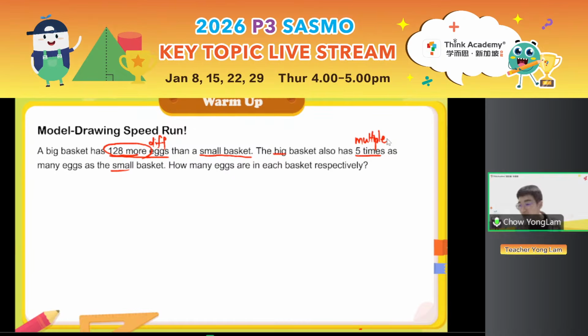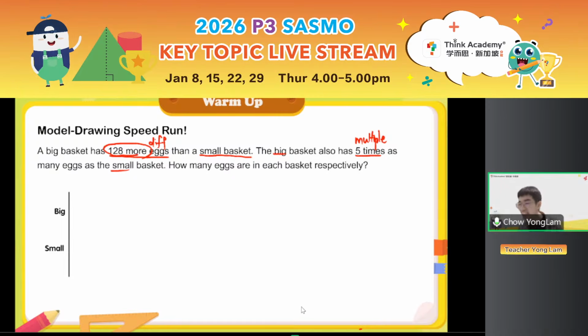Whenever you see a multiple relationship, you need to draw the model based on the multiple relationship first. Now, how many eggs are in each basket, respectively? Likewise, we are comparing the big and the small. Can you find out who is the 1 unit over here? Big basket is 5 times as many as the small basket.